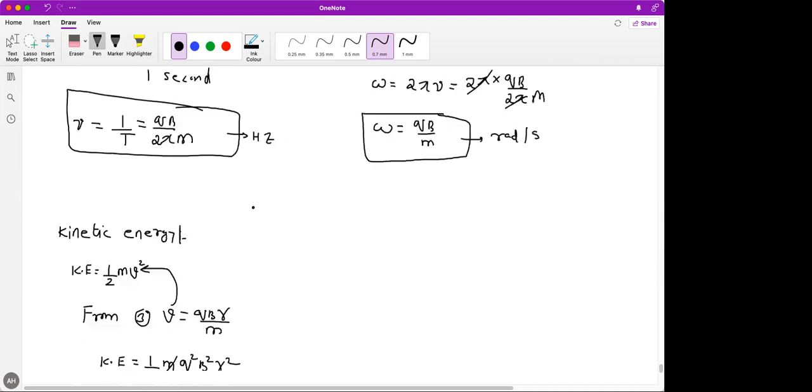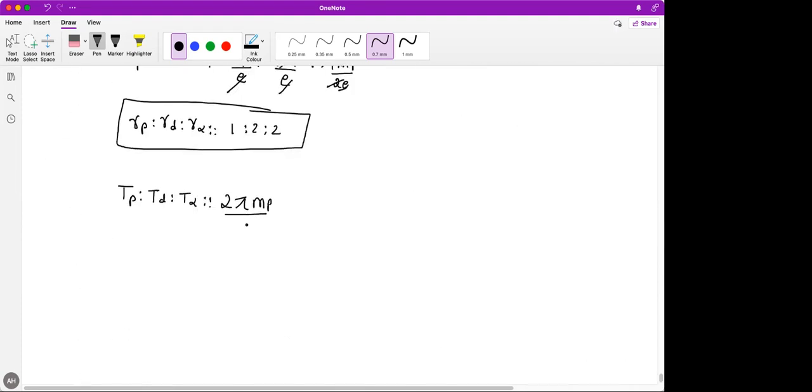So it's 2 pi mass of proton over charge of proton into magnetic field. 2 pi mass of deuteron by charge of deuteron into magnetic field. Then it's 2 pi mass of alpha particle over charge of alpha particle into magnetic field. 2 pi, 2 pi, 2 pi will get cancelled out. B, B, B will get cancelled out.